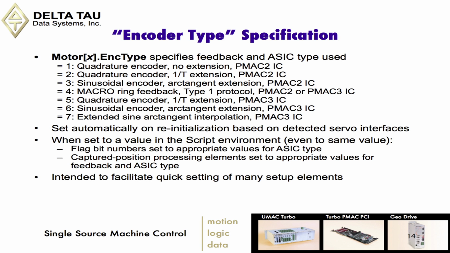If it's set to 5, it's a quadrature encoder with 1/T extension on a PMAC3 IC, which is the default for almost all PMAC3 gate products. 6 would be a sinusoidal encoder on a PMAC3 IC, and 7 would be the extended sine arctangent interpolation for a resolver on PMAC3.